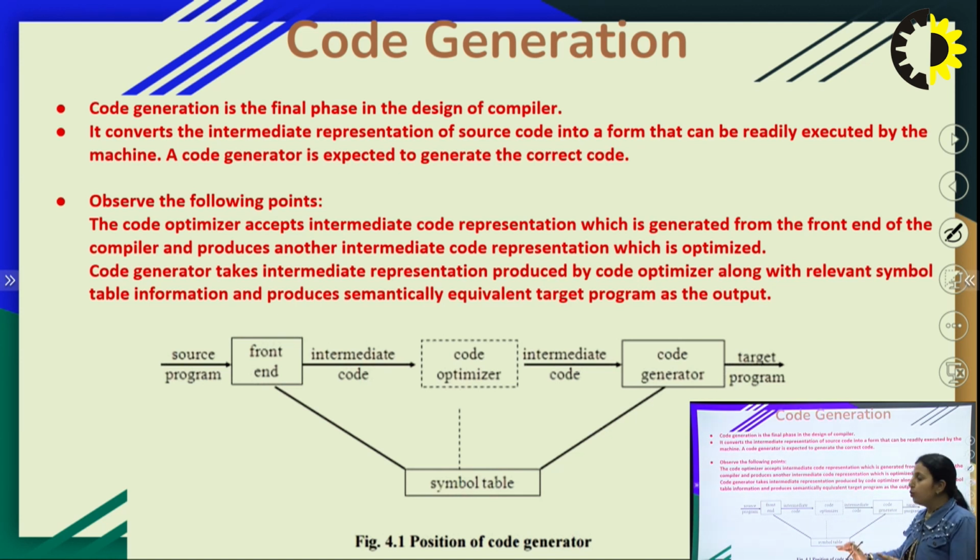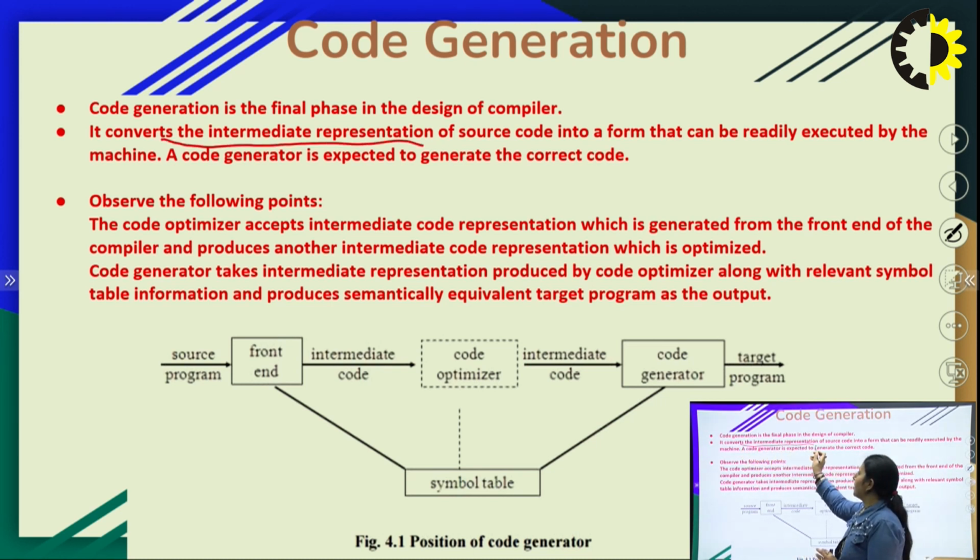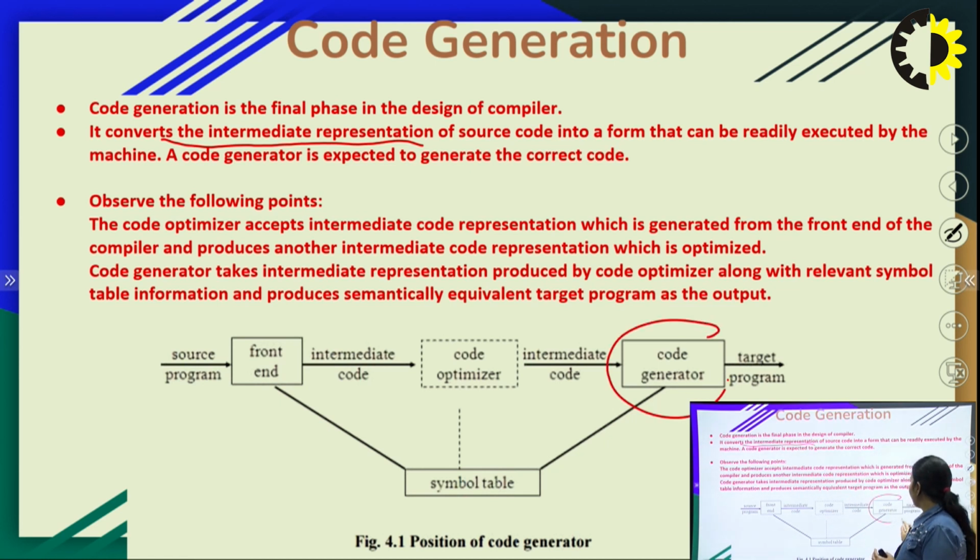It converts the intermediate representation, which can be in any form, like a linear representation or a graphical representation, or in the form of 3-address code, DAG and many more. So intermediate representation is the input for the code generation phase.